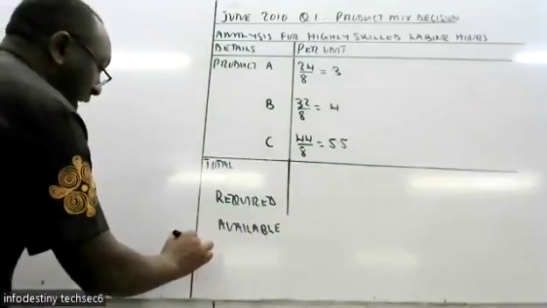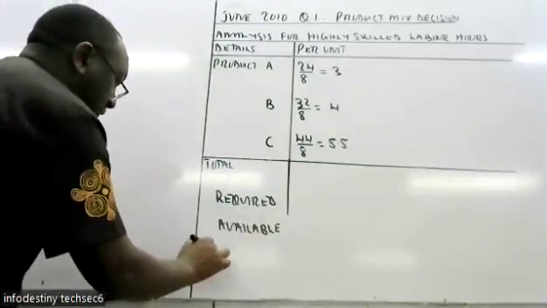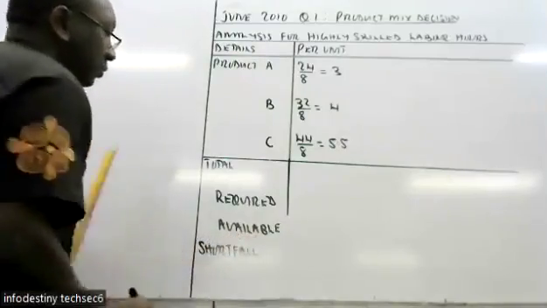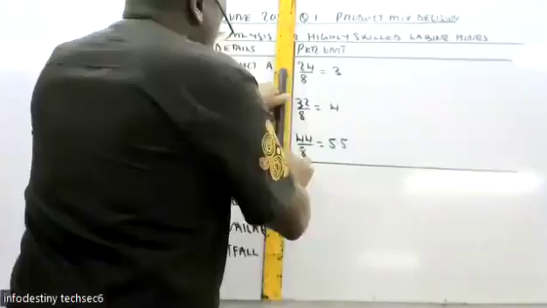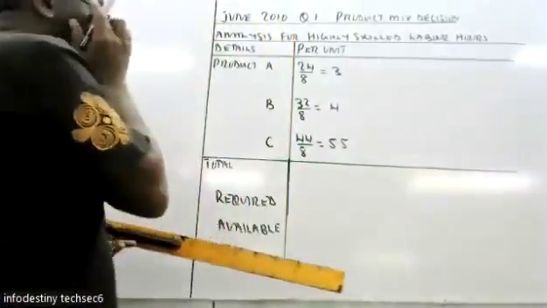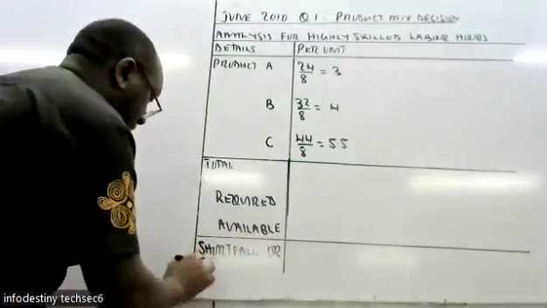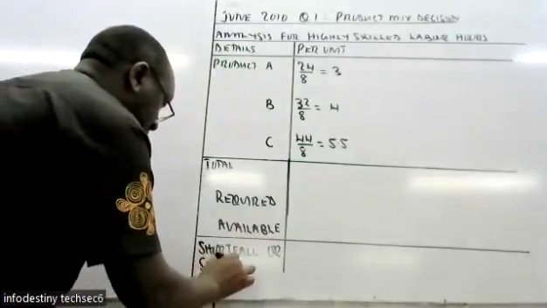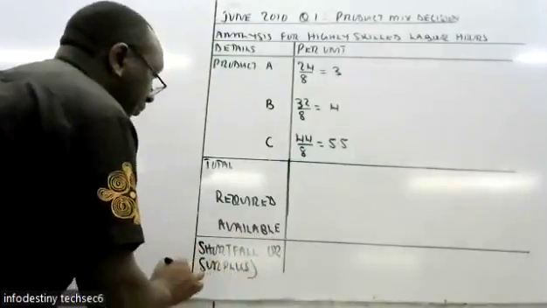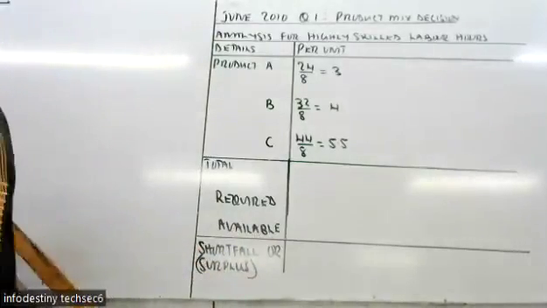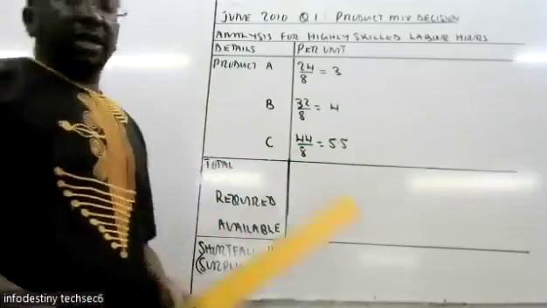And then we will have a shortfall, or surplus. Surplus will be in brackets according to our workings.